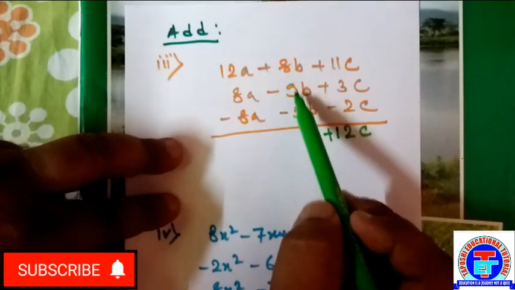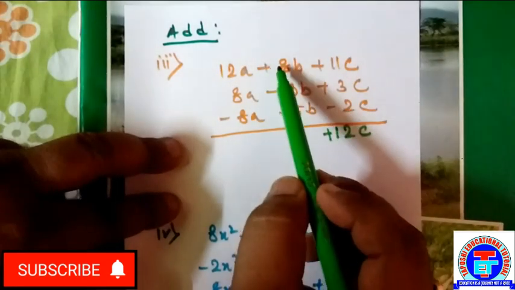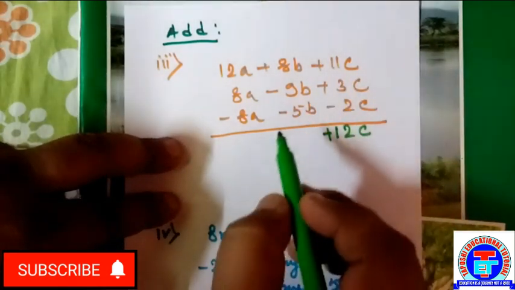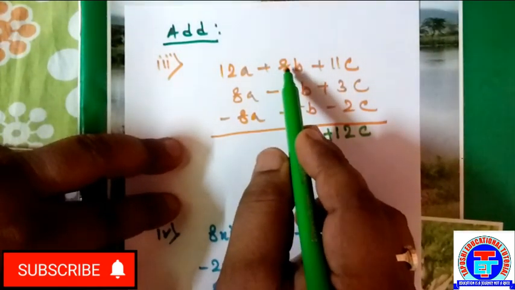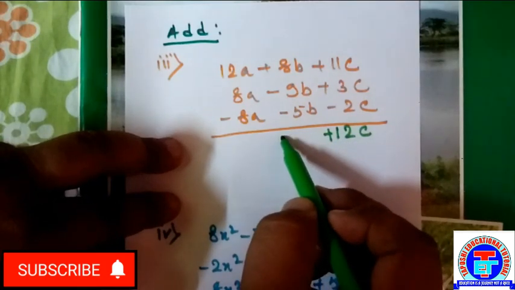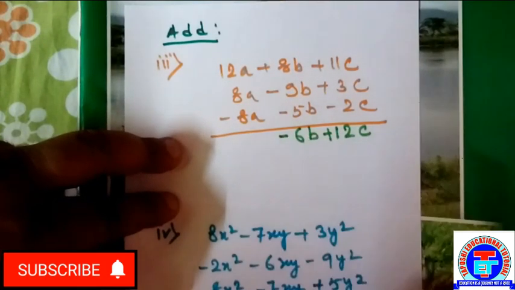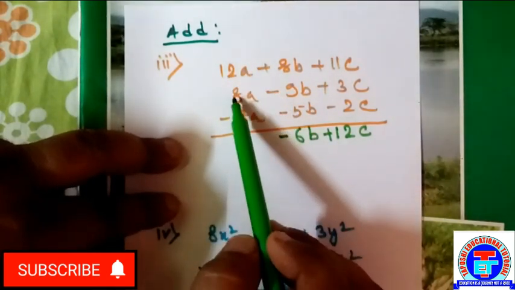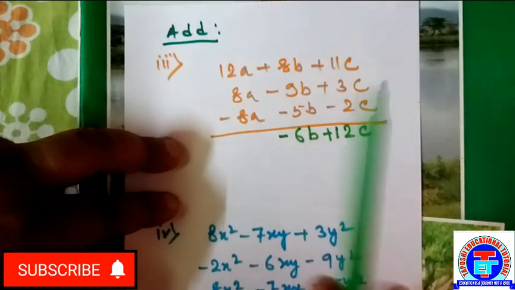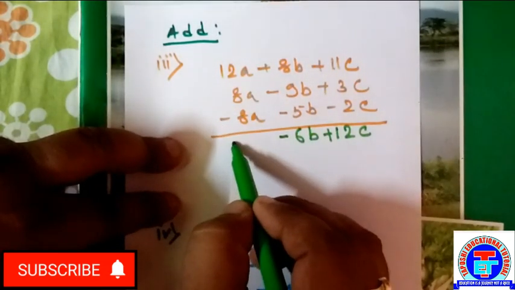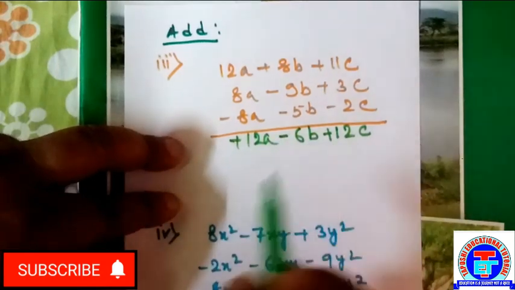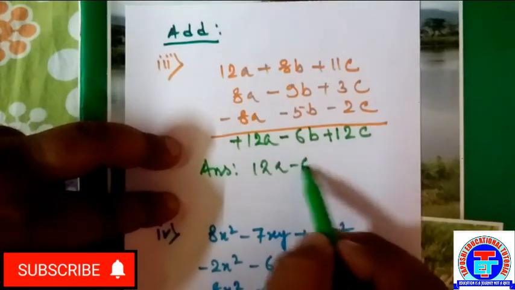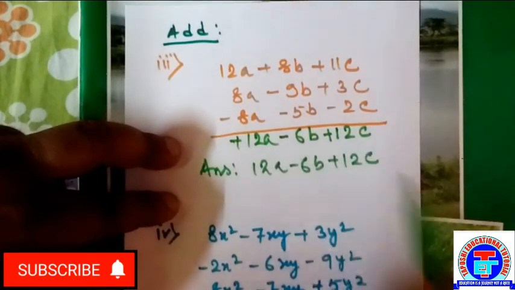Suppose you borrowed 14 rupees from your father and now you gave 8 rupees. How much borrowed remains? So 14 minus 8 becomes minus 6b, right? Now this one is addition, that means 20 and subtract minus 8, so it becomes plus 12a. So the answer will be 12a minus 6b plus 12c.